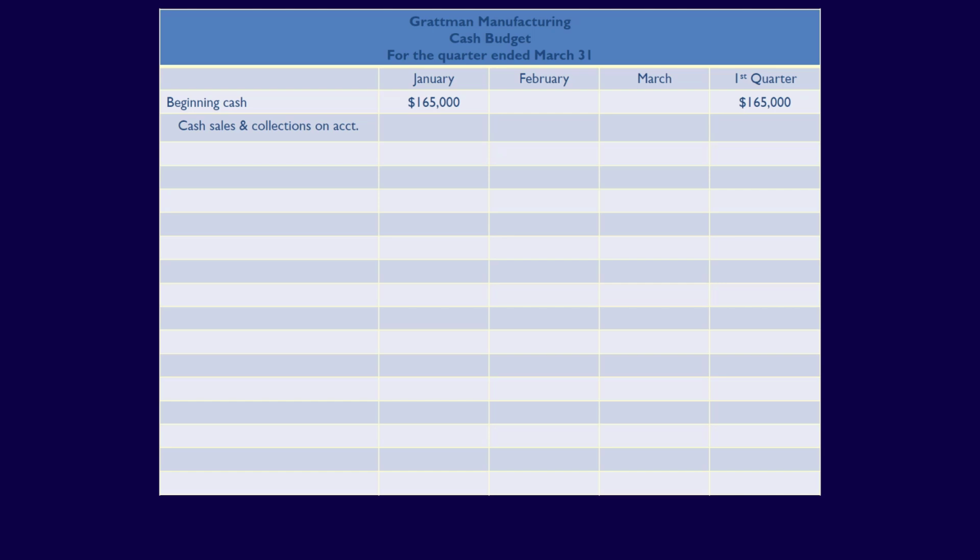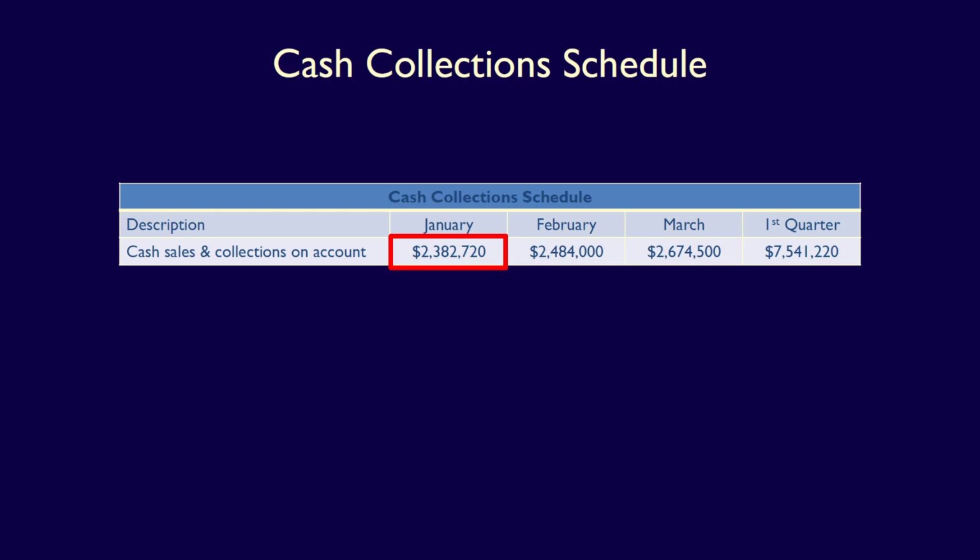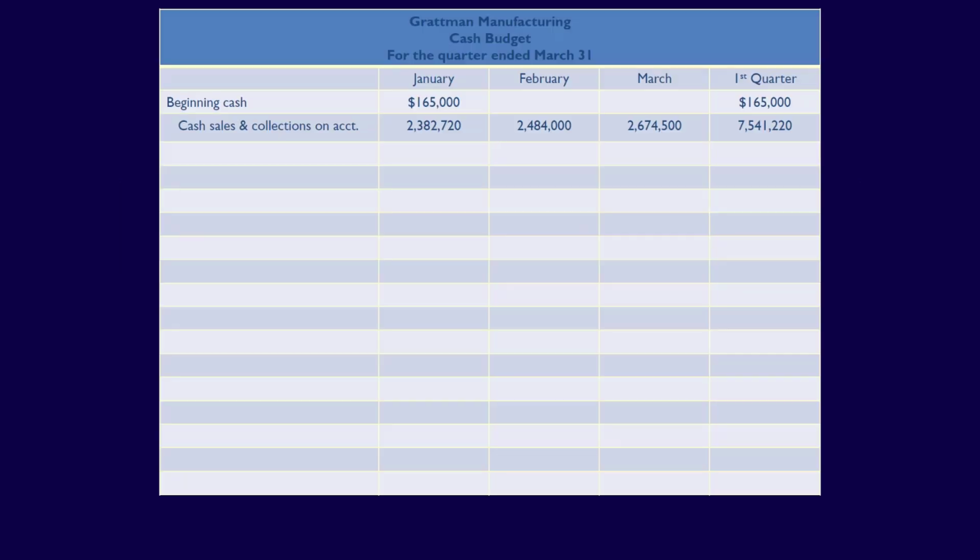We get that number from the cash collection schedule, which we've already completed. We can simply take the amount for January, which is $2,382,720. But it would be simpler to immediately take all of the months together, January, February, and March, as well as the total for the first quarter, and transfer those amounts directly into the cash budget.